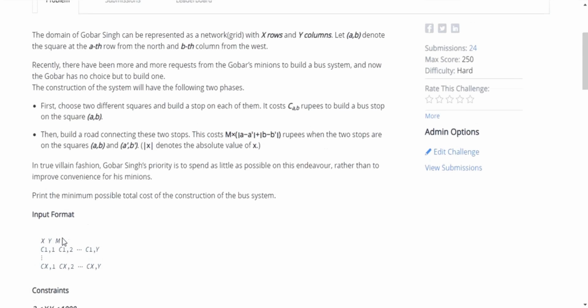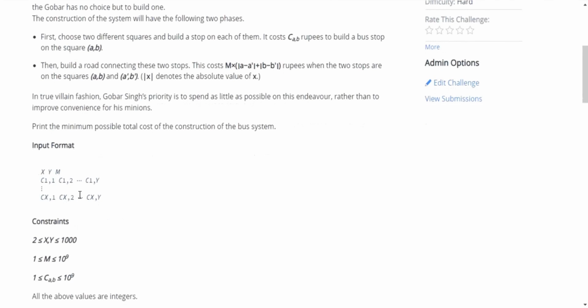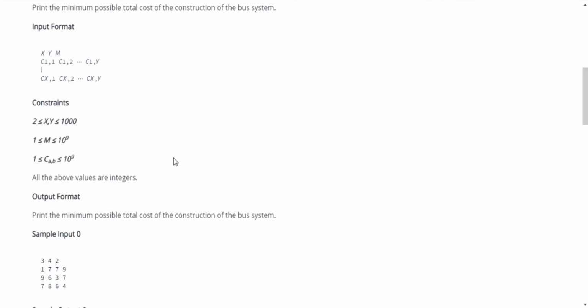What these three integers specify is indicated within the question itself. Then we'll be having the matrix as the input, wherein each element within the matrix specifies the cost for building the bus stop at that particular square. And as usual, we have to output the minimum possible cost for constructing the entire bus system.